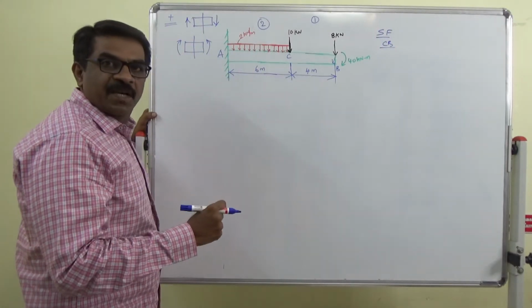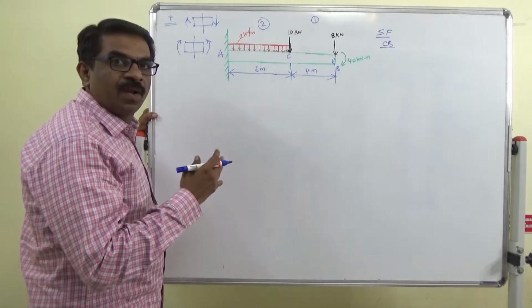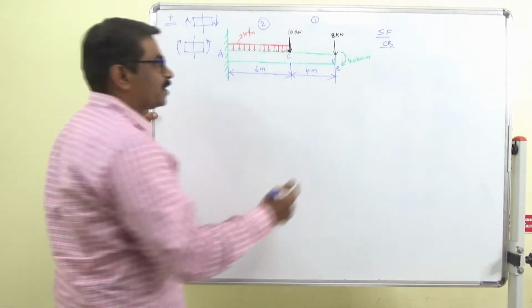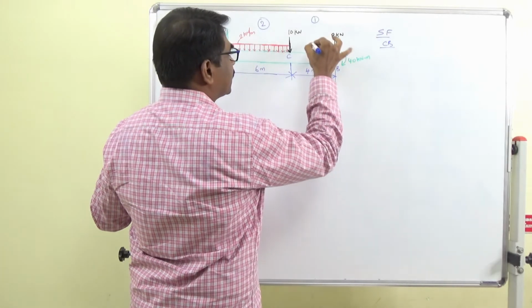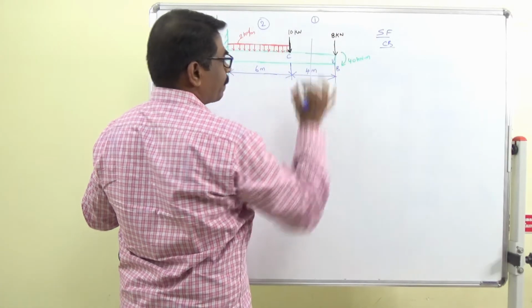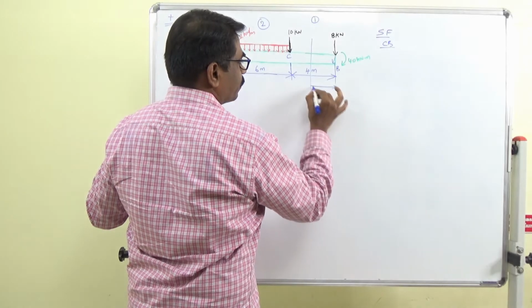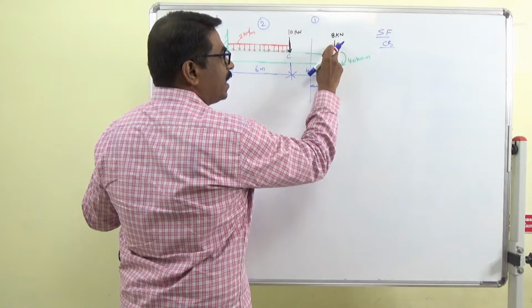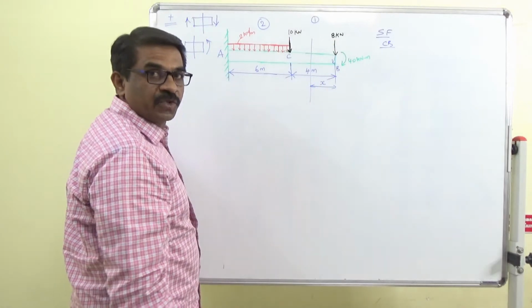So the definition of shear force, you have to sum all the forces either on the right side or the left side. So I am taking a section here. To the right, I have only one external force, right?